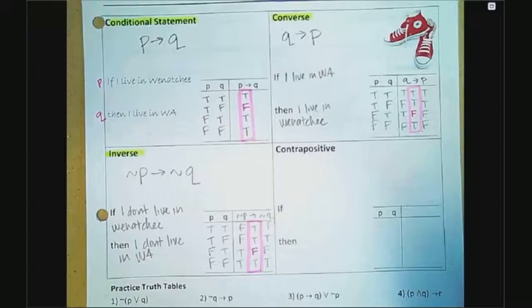Truth table for that: not Q implies not P. I have not Q is false, true, false, true. Not P is false, false, true, true. For a conditional statement, again, the only time false shows up is if my antecedent is true and my consequent is false. Otherwise, everything else is true.